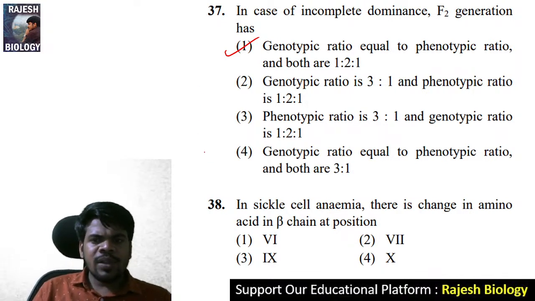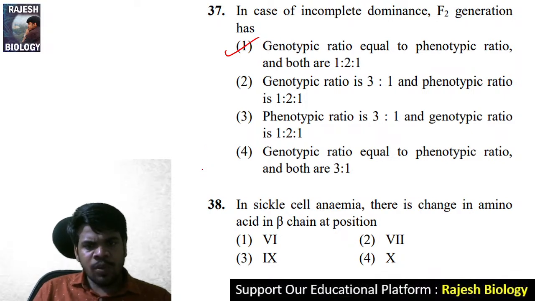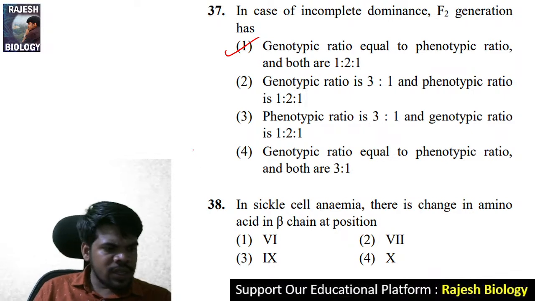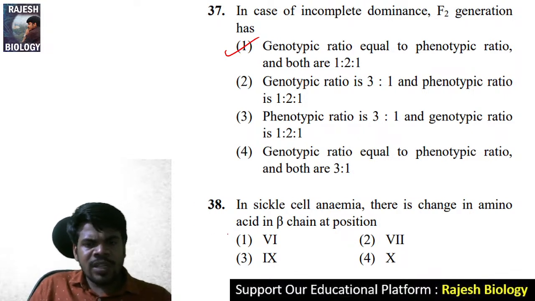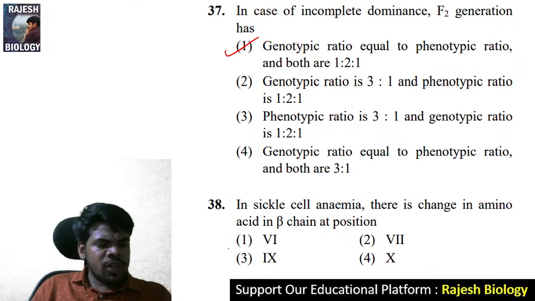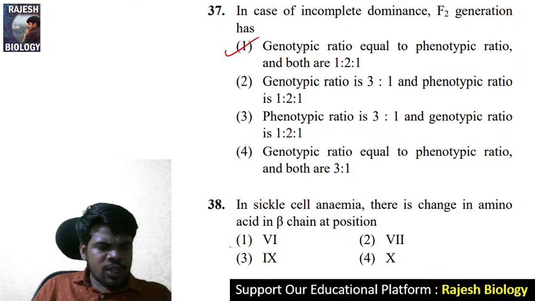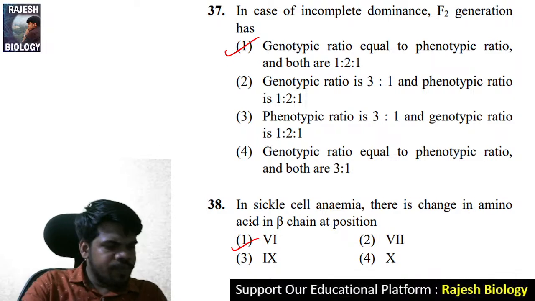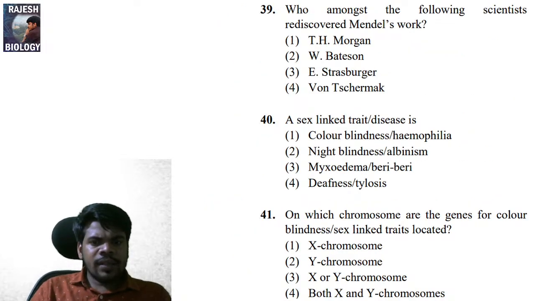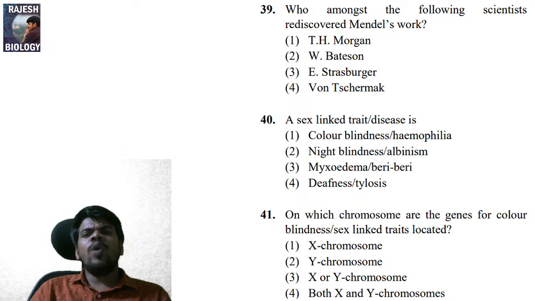In sickle cell anemia, there is a change in amino acid in beta chain at which position? Yes, 37 correct. Chinnu and Jnaneshwari, at sixth position. Very good. 39th. Which of the following scientists rediscovered Mendel's work?